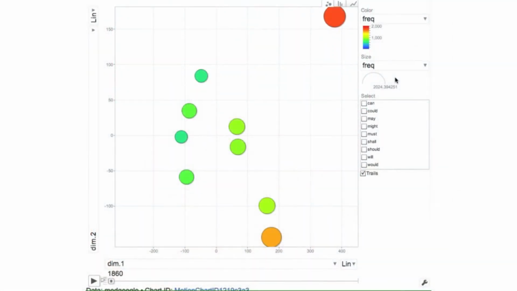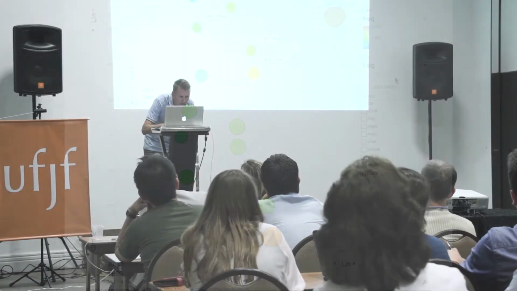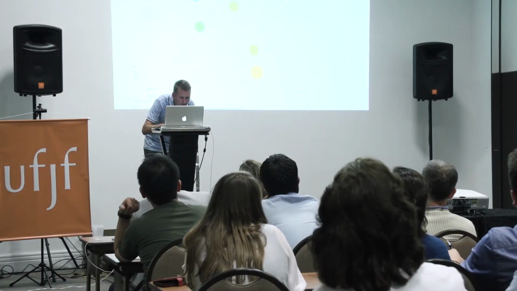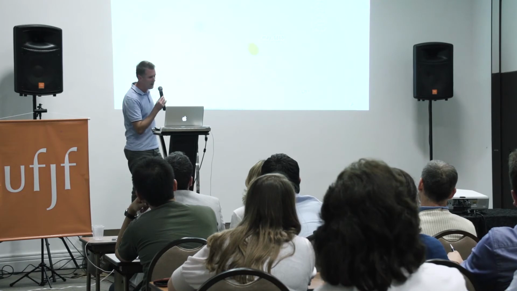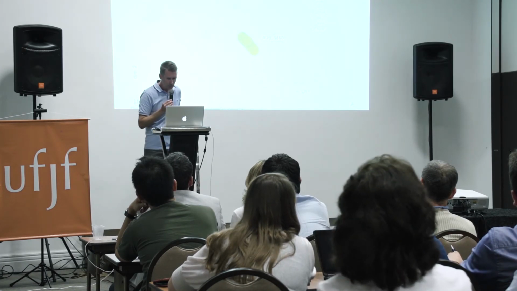I would now like to show you how these modals developed over the past 150 years to see whether there are actually developments in the mutual similarities of the modals. Okay, here we see them. And I would like you to focus on the modal may down there and what happened to it.